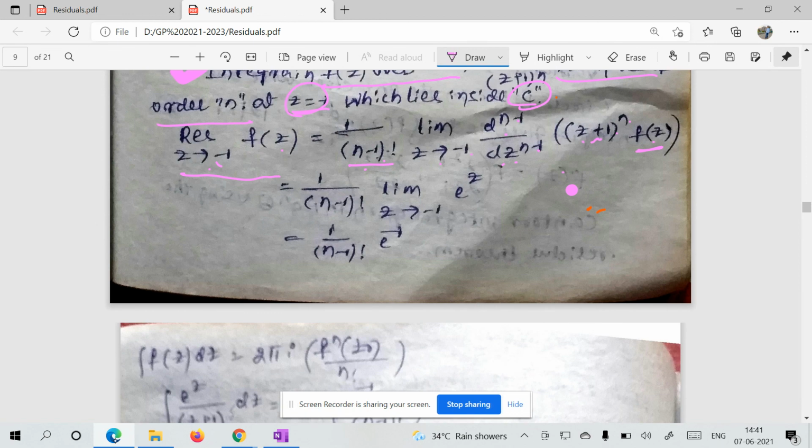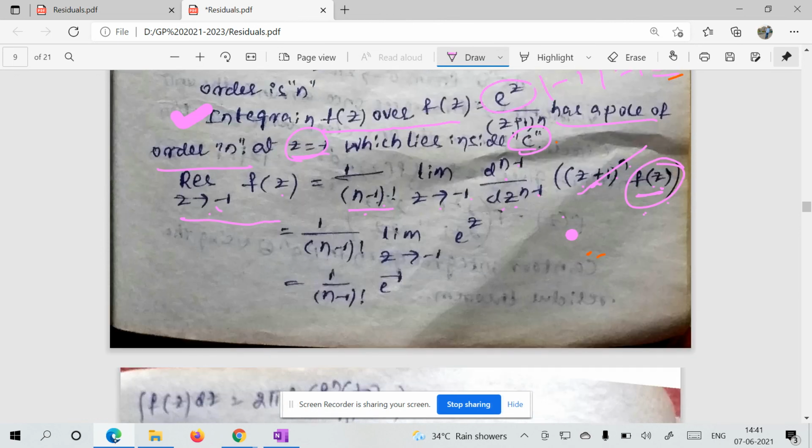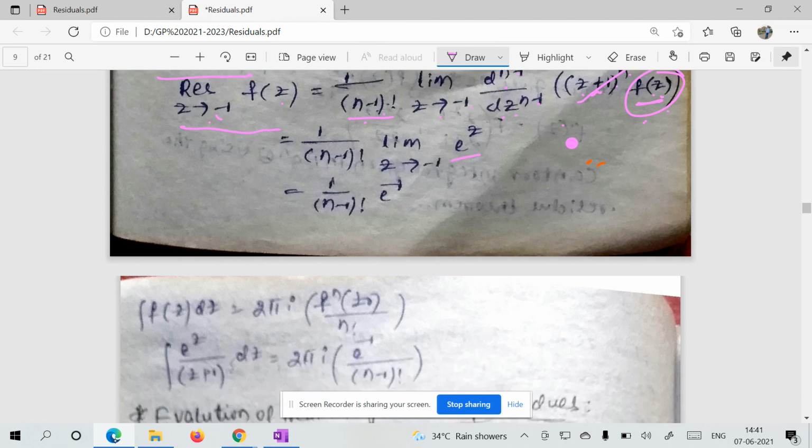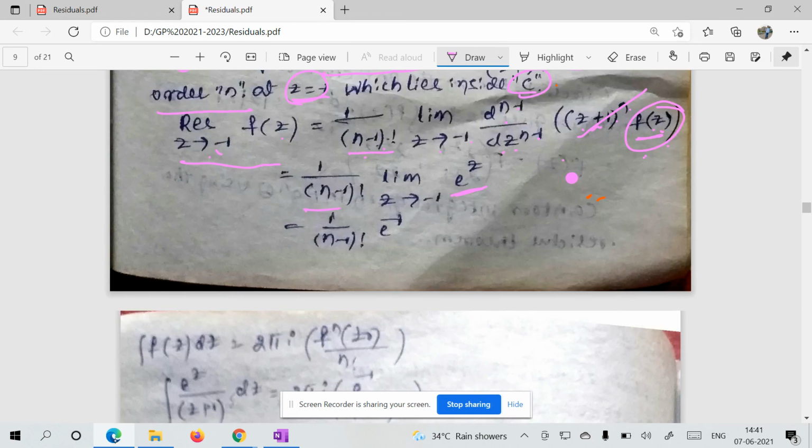The z plus 1 whole to the power of n cancels, and only e power z remains. Whenever we differentiate e power z any number of times, we only get e power z. So we get 1 by n minus 1 factorial, limit z tends to minus 1 of e power z.